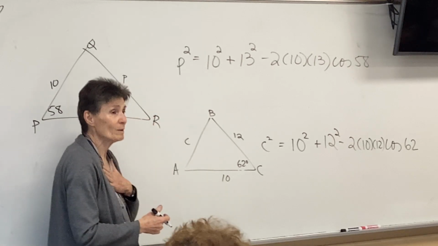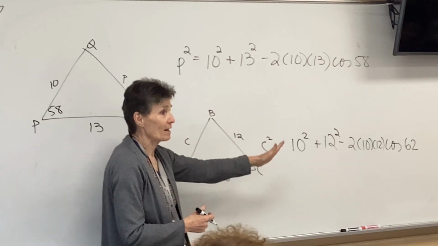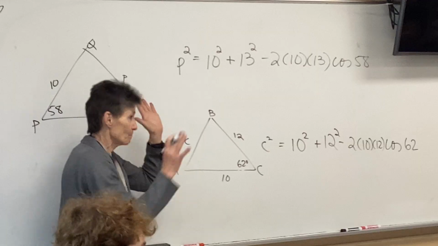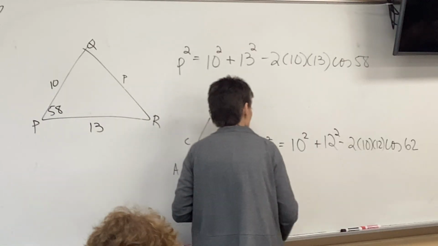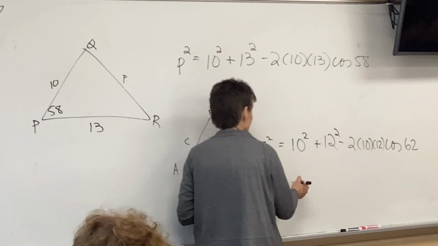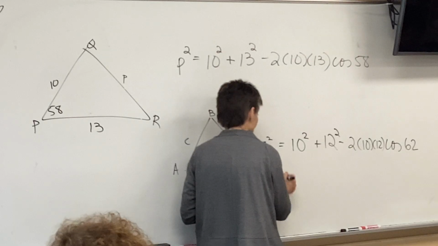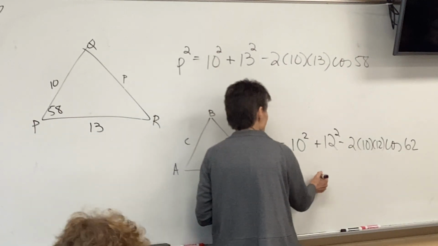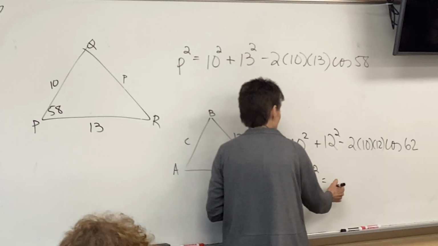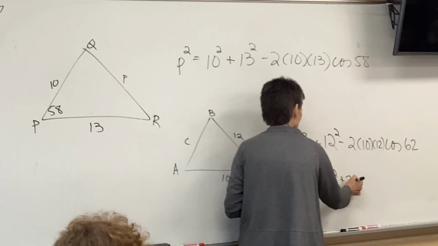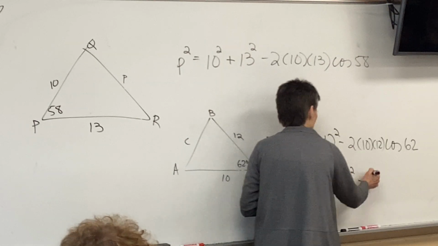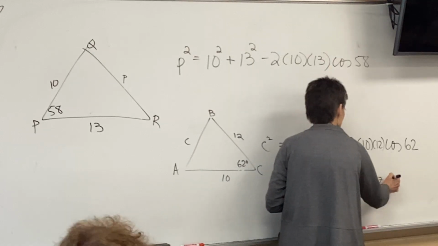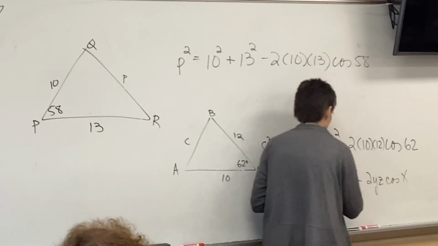That's why I always say, memorize the pattern, not the letters. Anyway, here's what it looks like. If our triangle is XYZ, law of cosines is going to say x squared equals y squared plus z squared minus 2yz cosine x.